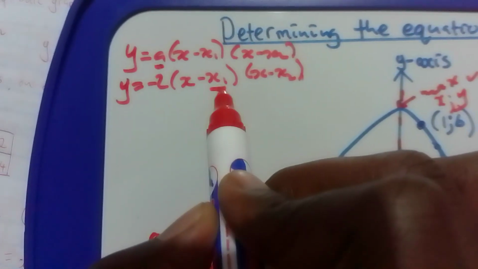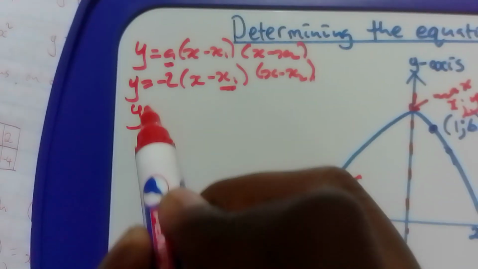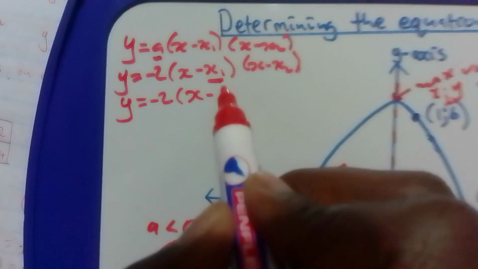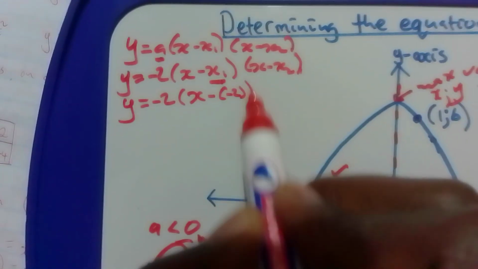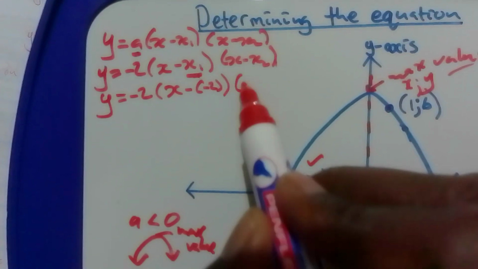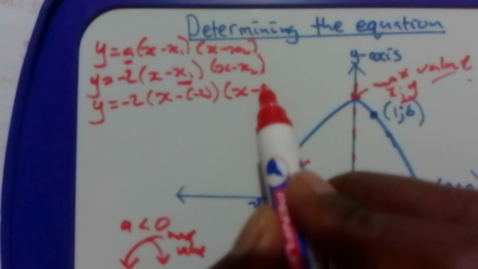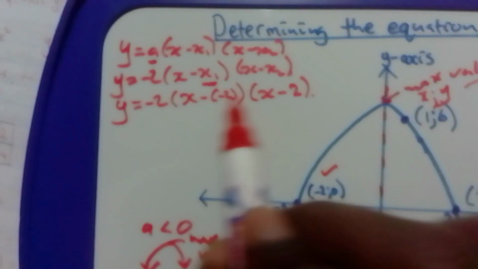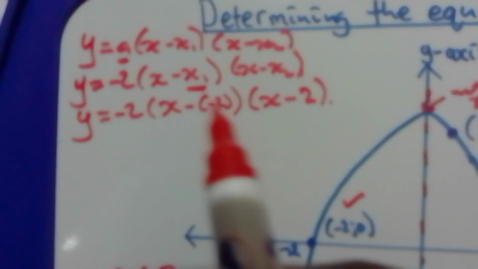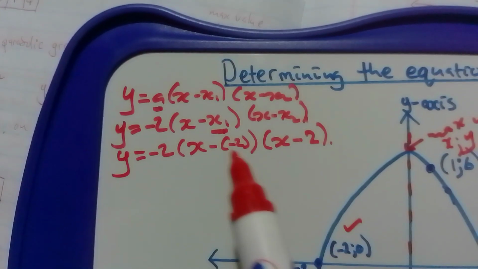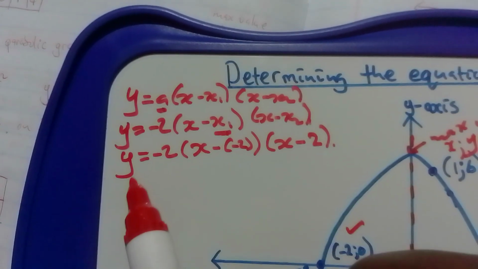And here where there is a smaller negative x-intercept, we found that it's negative 2. So you could have written it like this: y is equals to negative 2 open bracket x minus open bracket negative 2 like that, close bracket, and x minus, here it's a positive 2, so we place the positive 2 like that. You won't be punished.